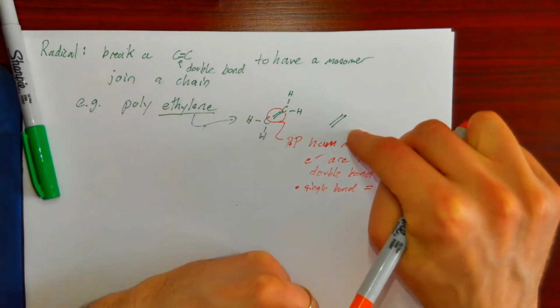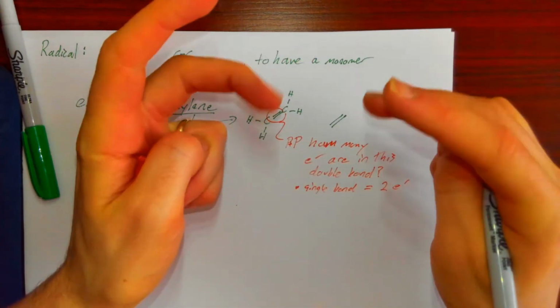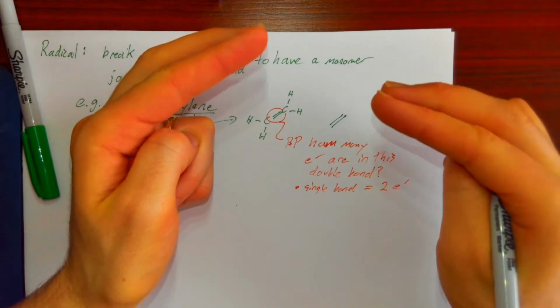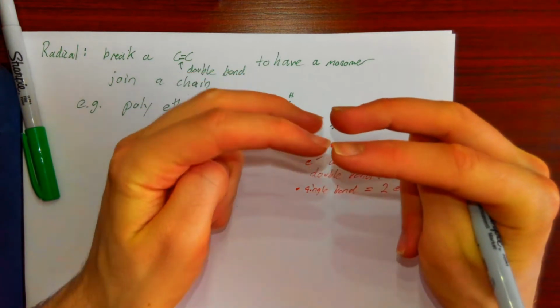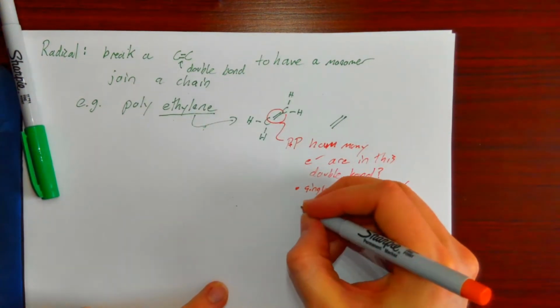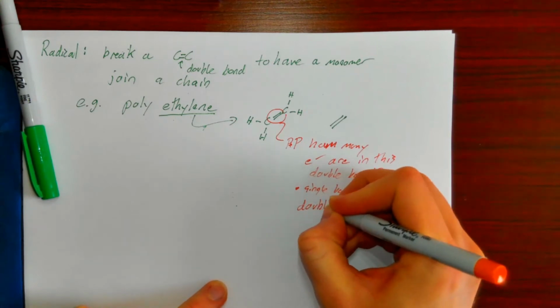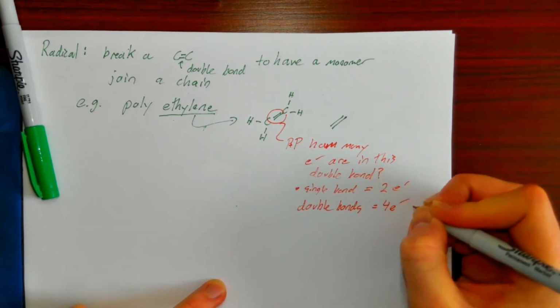If you have a double bond, each atom comes with 2 electrons to share. So double bonds are actually made of 4 electrons.